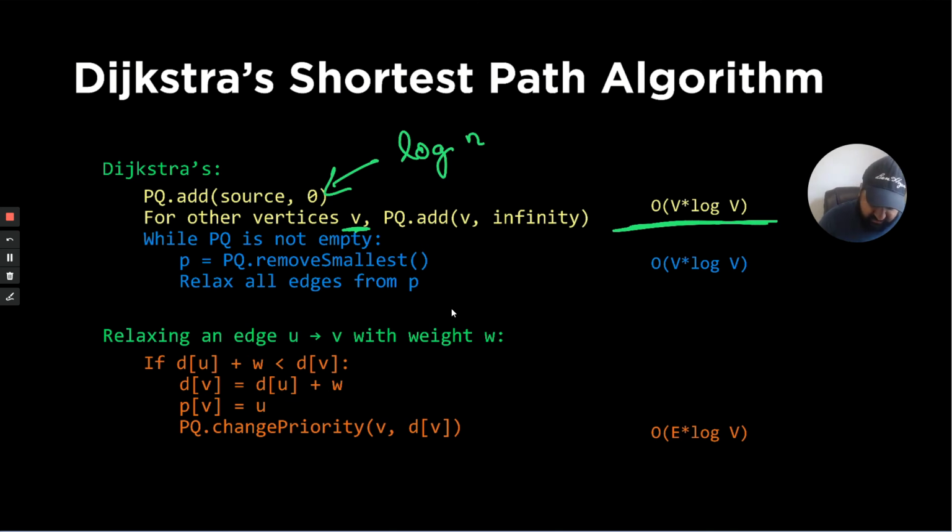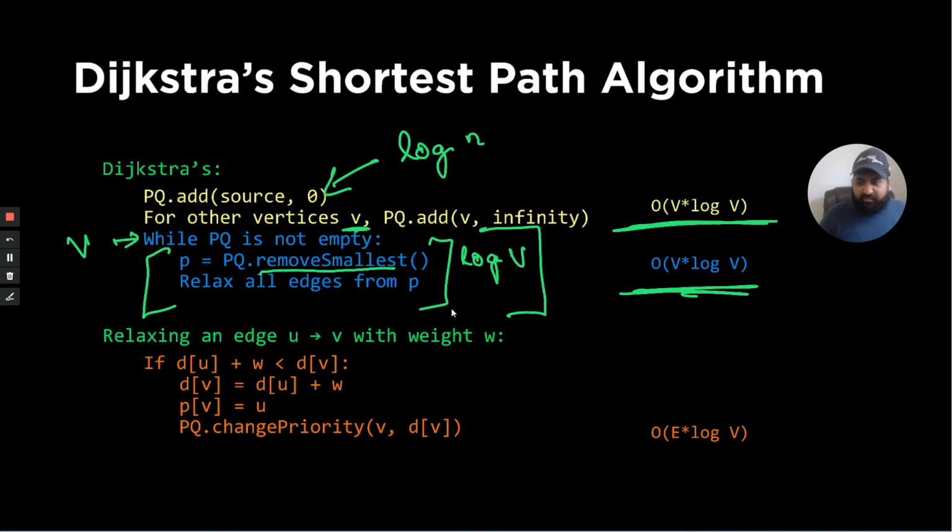Next, for this particular code, we have v elements in the priority queue. For each element, we are going to compute this remove smallest operation, which again takes log v complexity. So this part will also have time complexity of O of v log v.